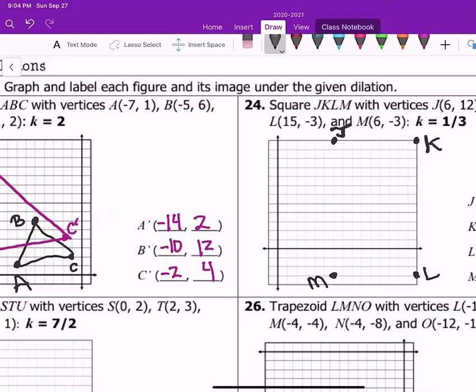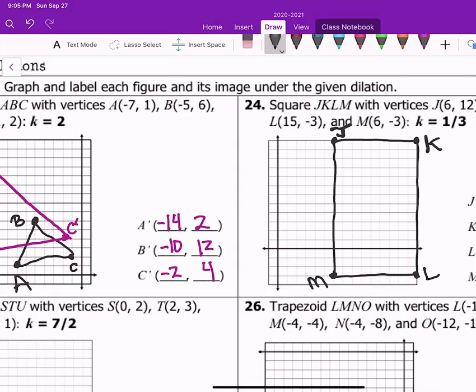All right, connecting. And now again, K equals 1/3 is less than 1, so it's going to be a compression. So we're going to compress this by a third.